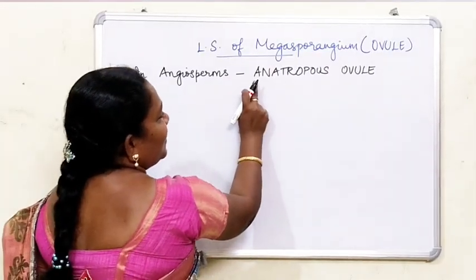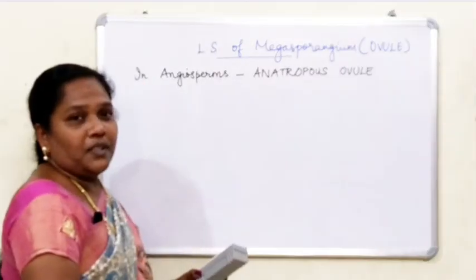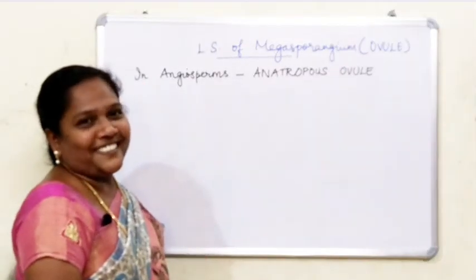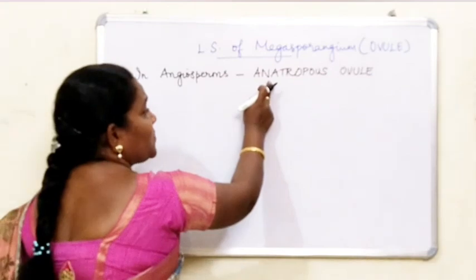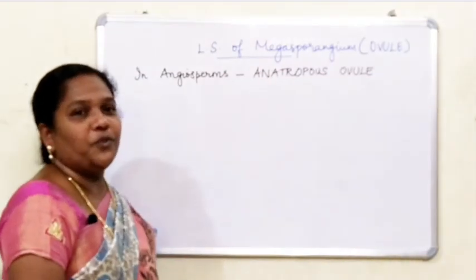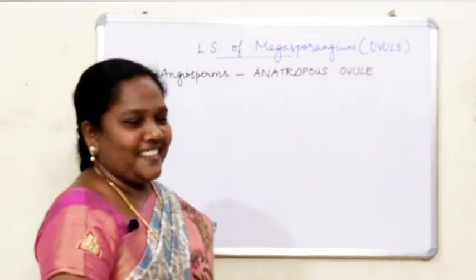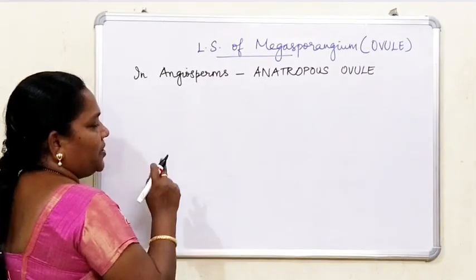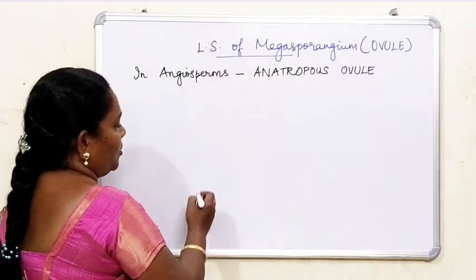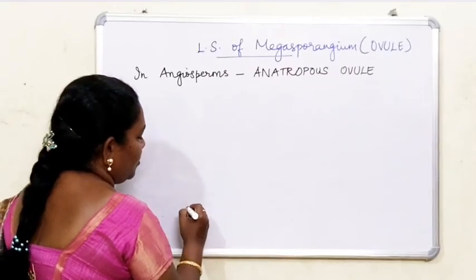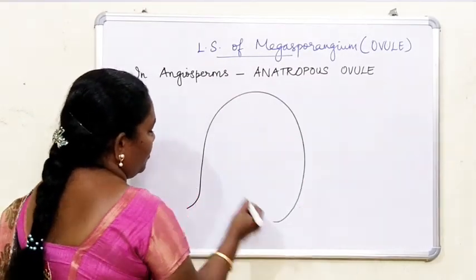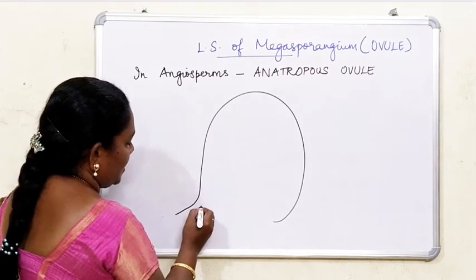And always this anatropous ovule is said to be inverted. And one more thing very specialized about this anatropous ovule is there are two integuments, outer integument and the inner integument, right? Okay. Now when you just look at the structure of the ovule, you can see this inverted ovule. So this is the structure of the ovule, right?